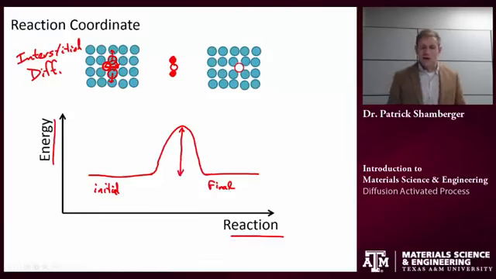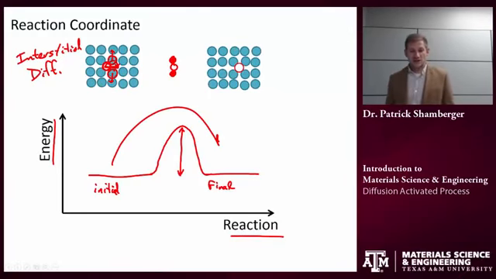We can think about this as an energy barrier that we have to overcome in order to go from the initial to the final state. The smaller that energy barrier is, the easier it is to overcome it. The larger it is, the more difficult it is. So remember, in this case, atoms are always moving around. They always have some little bit of energy.